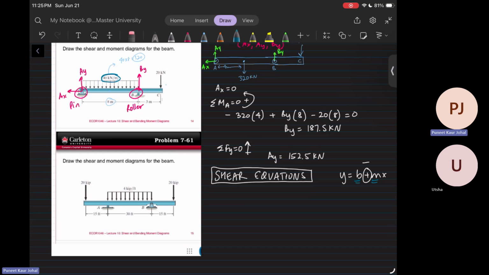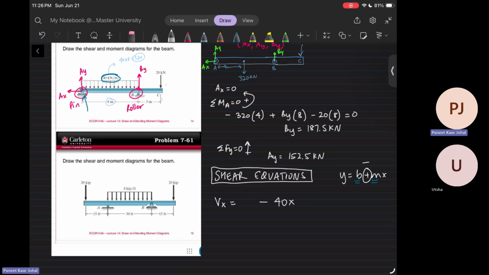And b is the initial force, which is going to be whatever the force is at the starting point, which in our case is A. So let's consider A to be our starting point. So this equation Vx is V naught, and then minus whatever your loading is, which is 40 kilonewtons per meter times x. V naught is the reaction at A, which is 152.5, and it's acting up.